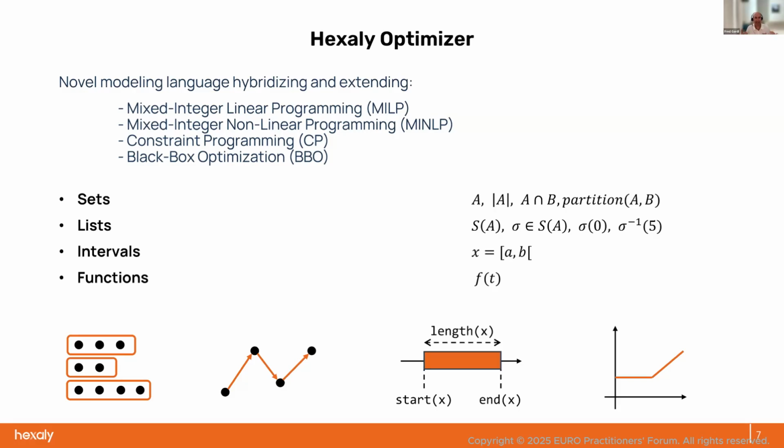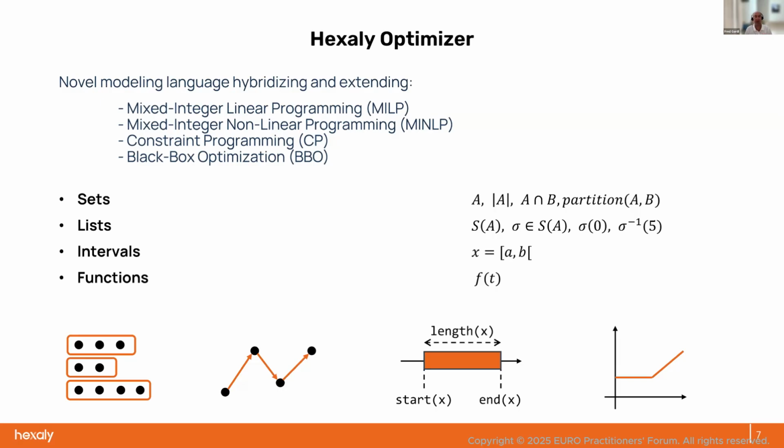So it extends MILP, mixed integer linear programming. It extends nonlinear programming, mixed integer nonlinear programming, MINLP. It extends CP, constraint programming, and black box optimization, BBO. So Hexaly hybridizes all these formalisms and unifies all of that. It offers a unified API that supports all these concepts.